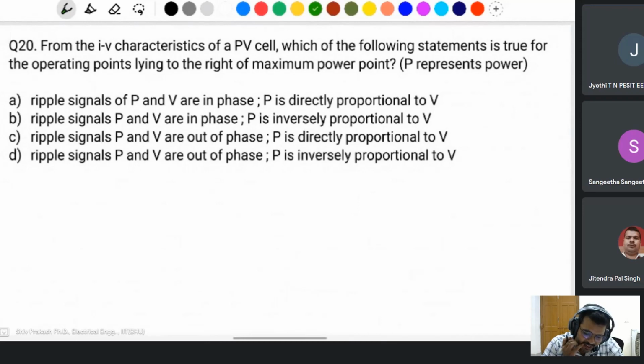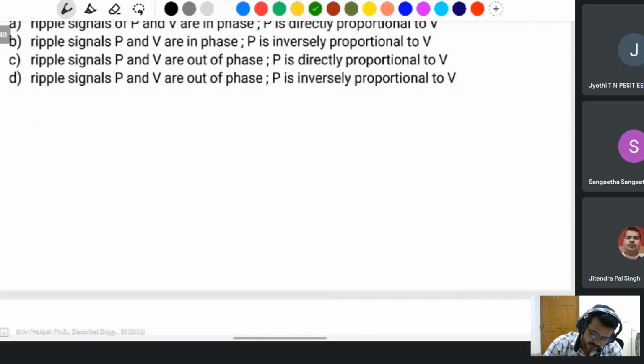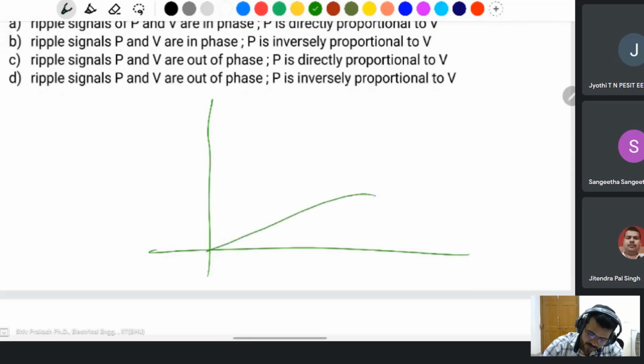From the IV characteristic of a PV cell, which of the following statements is true for the operating point lying to the right of the maximum power point? So VT is at maximum power.